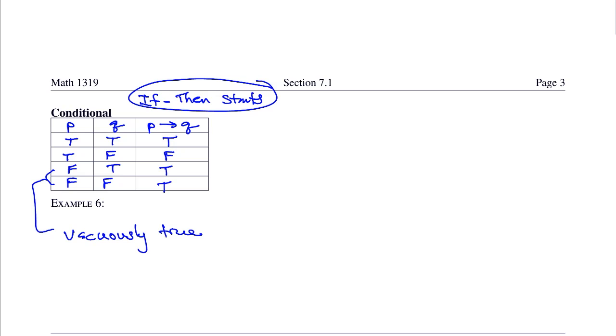Think about a statement like the following. If the men on Mars are green, then it must rain on Wednesday. The problem with the statement is there are no men on Mars, so you can't tell me anything about them.